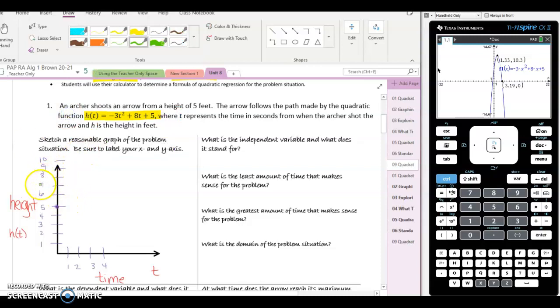All right, so I know that I have a point right here and where it's going to end up. I know it starts right here. Right about right here is where my vertex is. It's where my maximum is. So I'm just going to sketch this thing right here.